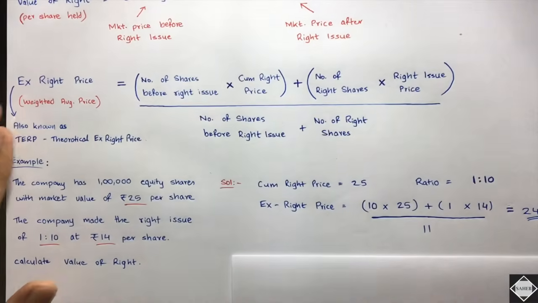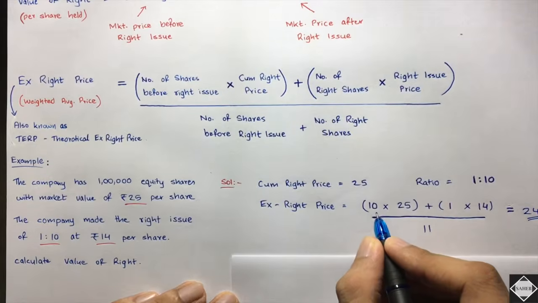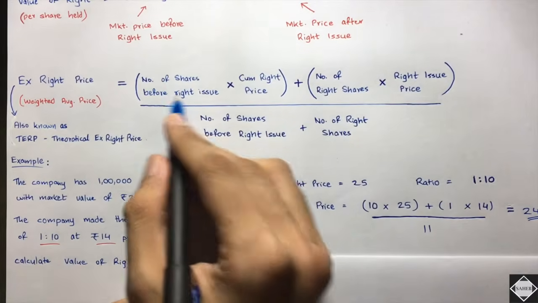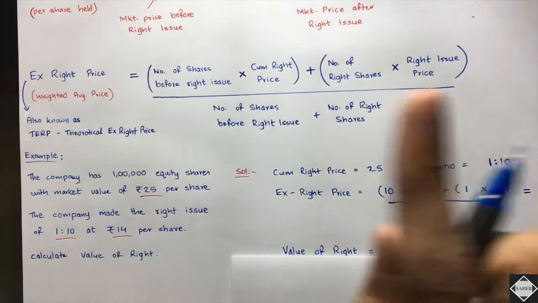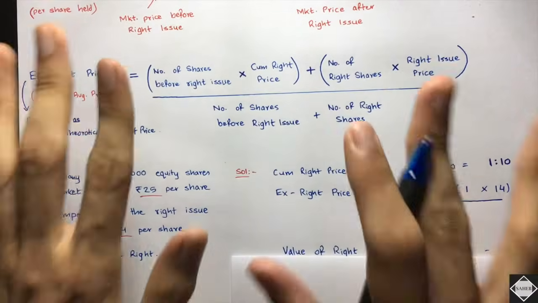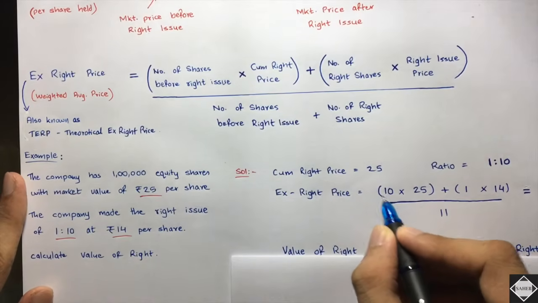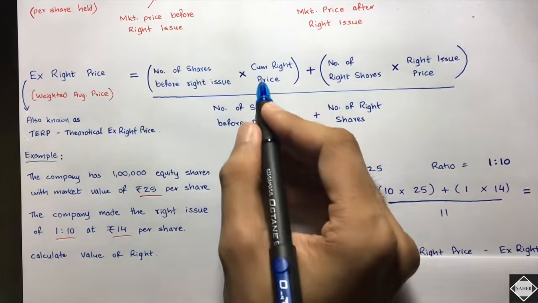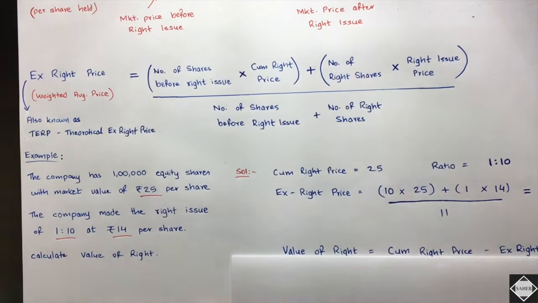See here, ex right price is equal to, how did I take 10 over here? That is the number of shares before right issue. The ratio is 1:10. If you have 10 shares, then only you will get the right to subscribe 1 share. So 10 shares into cum right price, that's the same, 25. There also we took 25 in the big calculation.